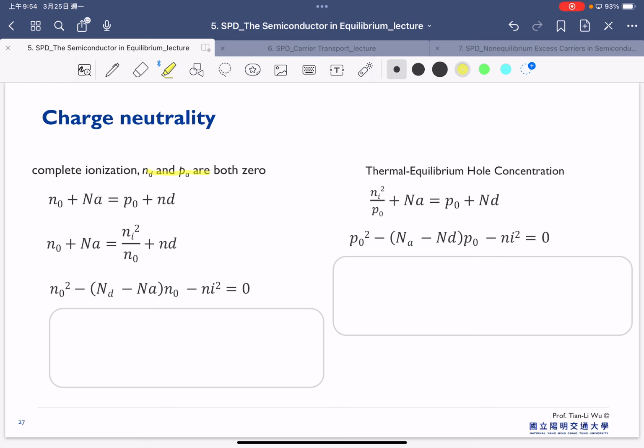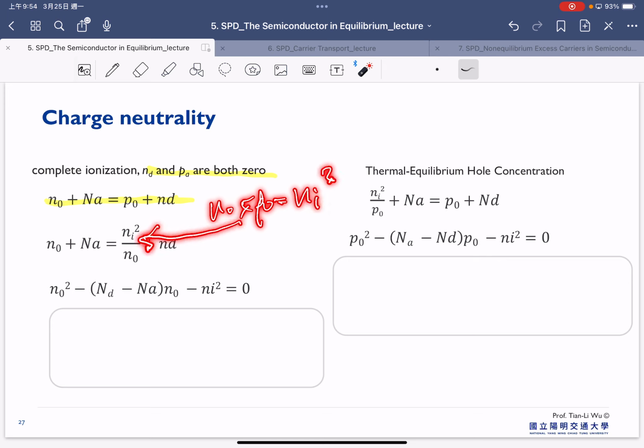That means these are both equal to 0, and the previous equation is now simplified as shown here. And we already know from the previous class this equation: n0 times p0 will be equal to ni squared. So then we can put it in here, and that's a very simple equation, very easy to solve.